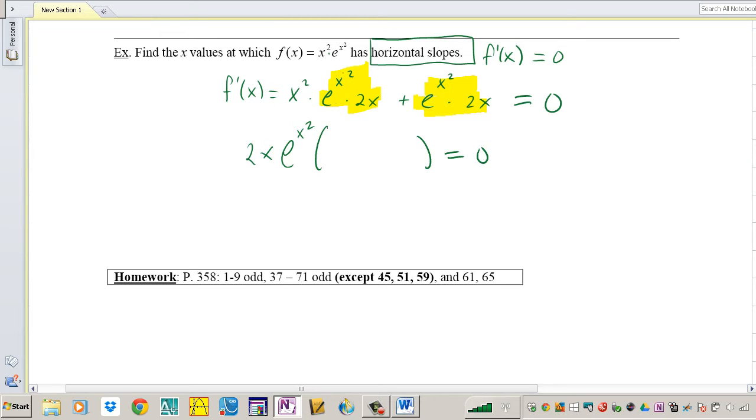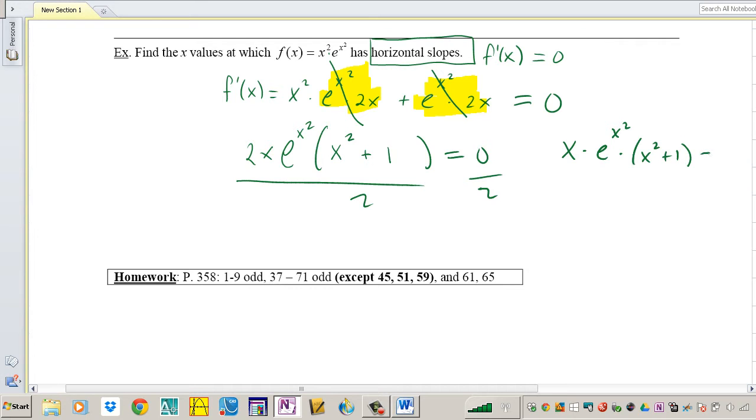What do I have left when I take this away? X squared plus 1, and we have our equation set equal to 0. Okay, so now notice, we can divide 2, that's no problem. Divide 2 to both sides, and now I have x times e to the x squared times x squared plus 1 is equal to 0.